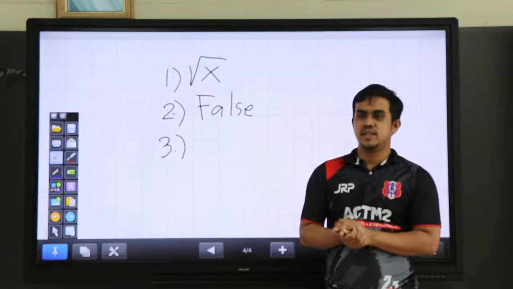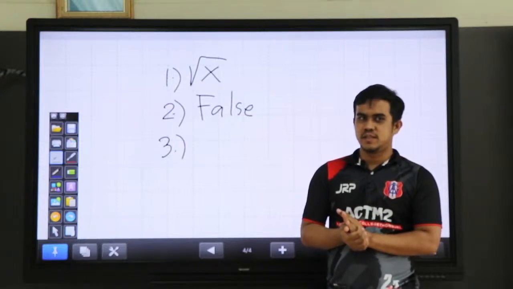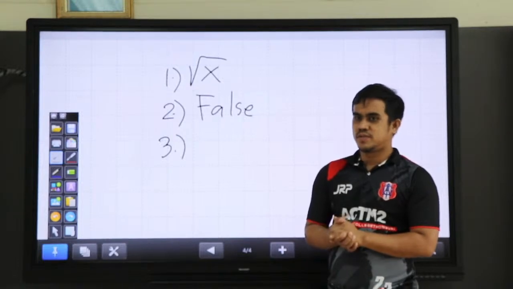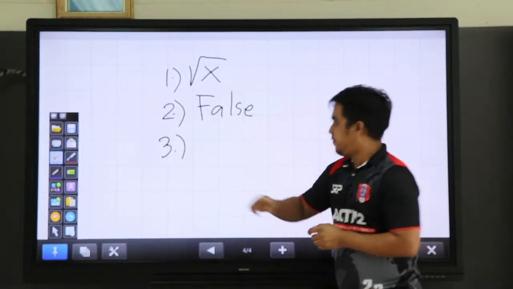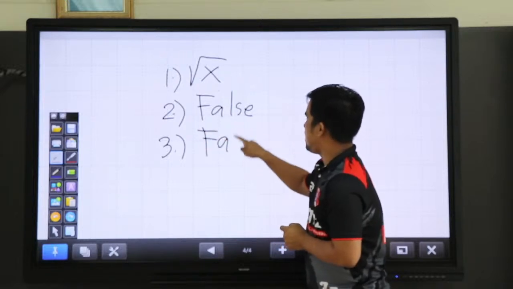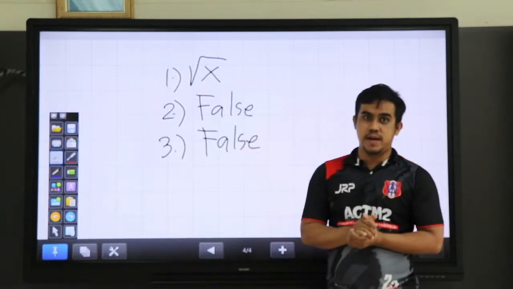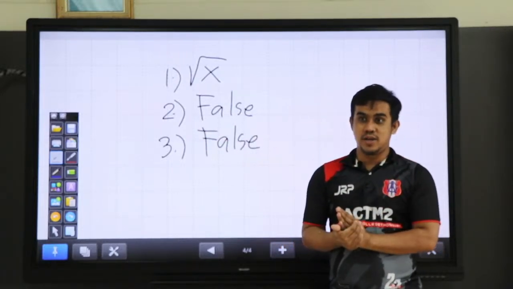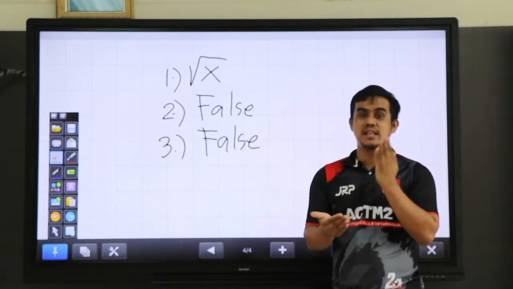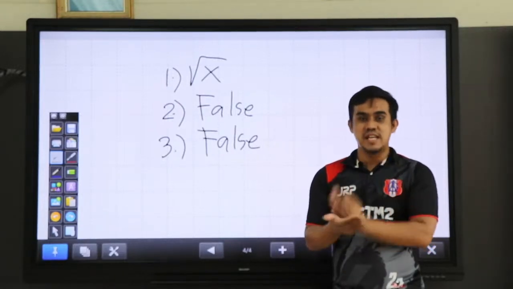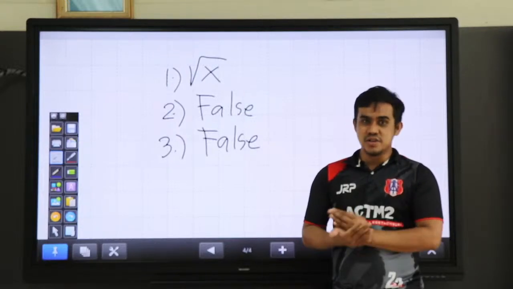Okay, the correct answer is false. It should not be the numerator but the denominator. From the words rationalizing the denominator, it should be the denominator, not the numerator.